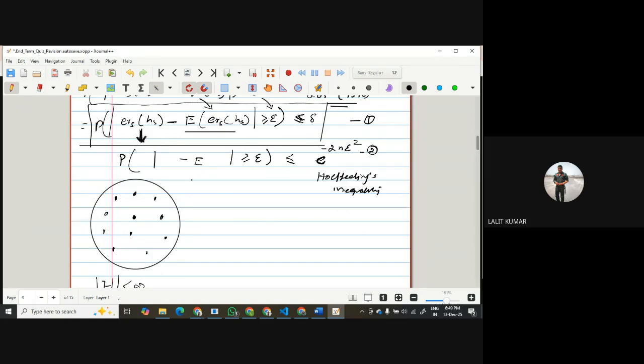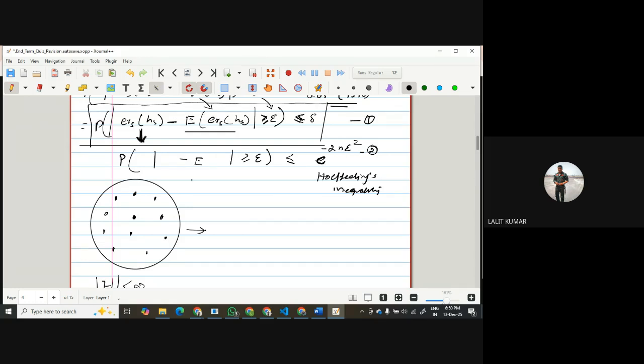And if this is making an error more than epsilon, it means all my other models are also making the same error. They will make at least that same error if it is my best model. Okay.